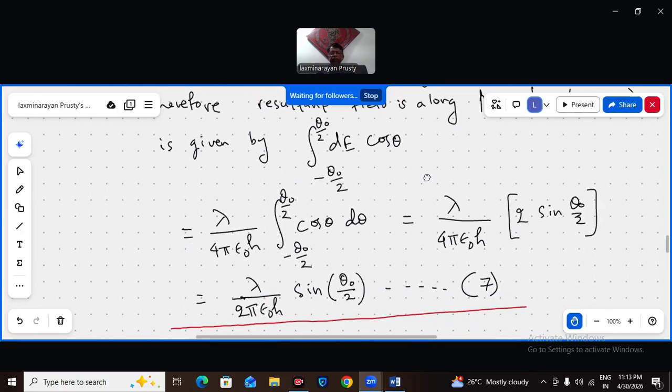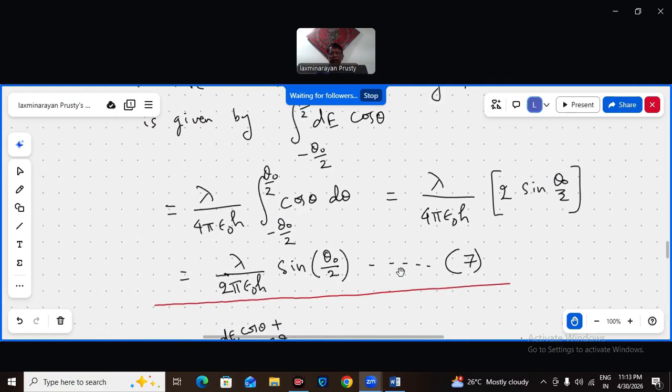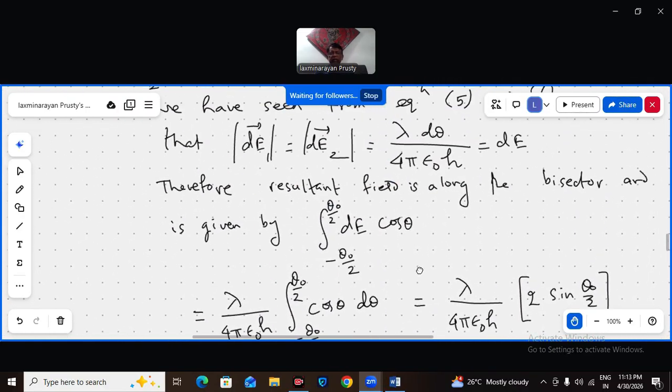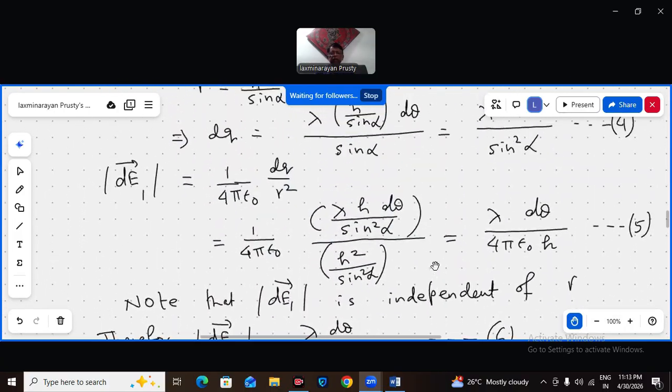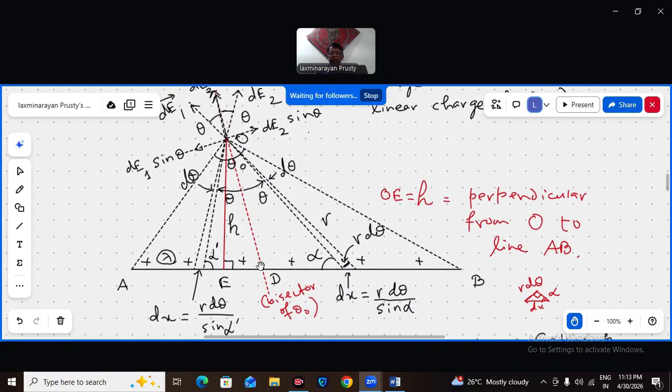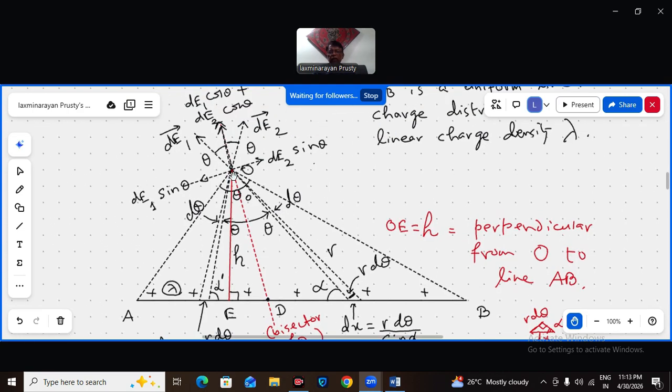This is the field, and along which direction? That is along the bisector. So here we have got a very important result, that the field of this uniformly charged linear charge distribution at any point will be along the bisector of the angle subtended at that point by the ends of the line charge distribution.